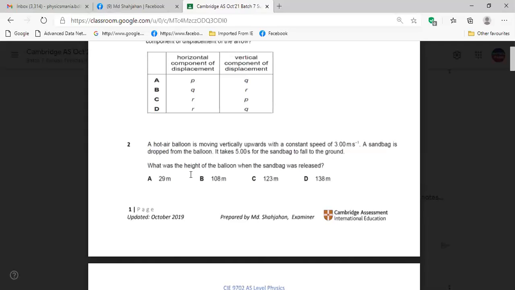It's not like that. It will not come directly the way you are doing, because the speed shown is the speed of the balloon, right? Yes, sir. 3 meter per second. So the sandbag is dropped from the balloon. That means it's no more part of the balloon.